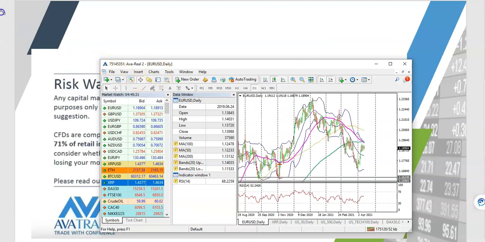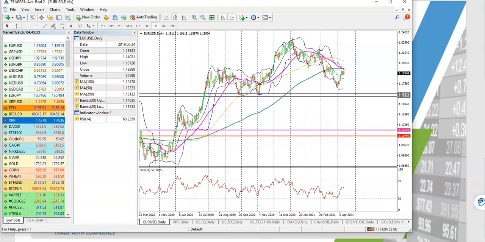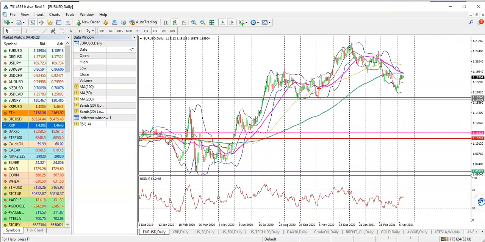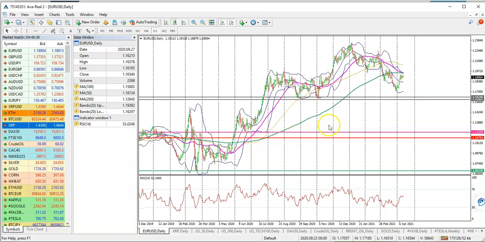Now, as always, we are going to bring out the MT4 platform, which can be downloaded from our website. In order to start this analysis, we will begin by looking at the daily time frame. On the daily time frame, we have the following indicators.